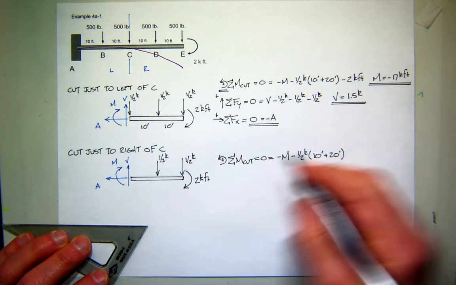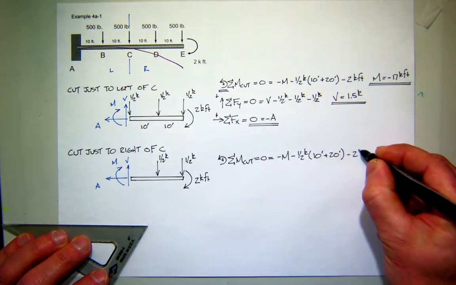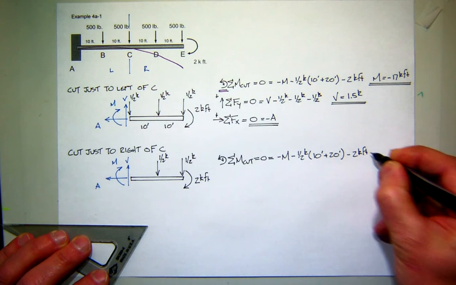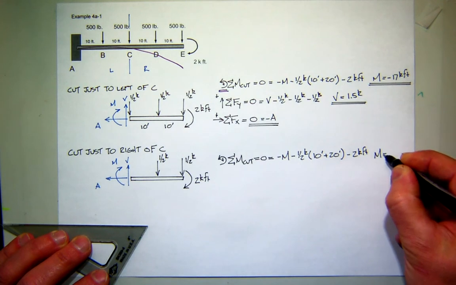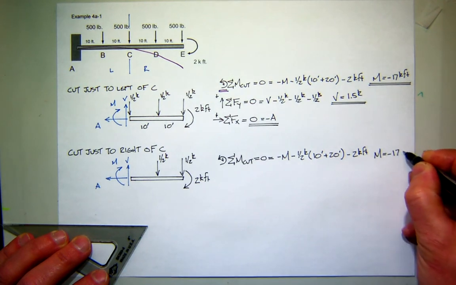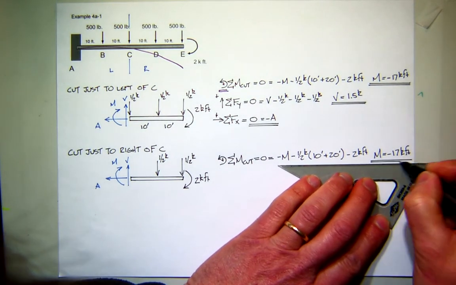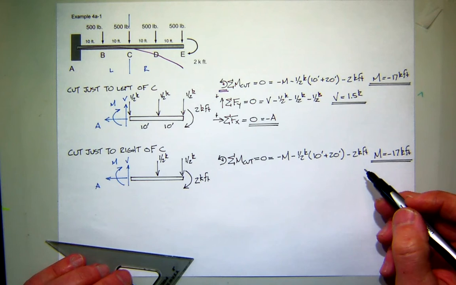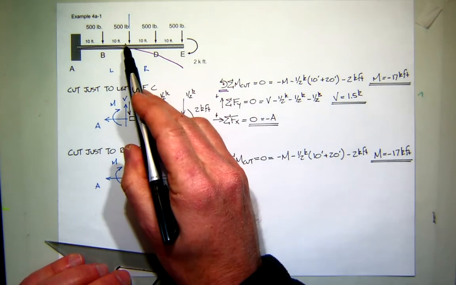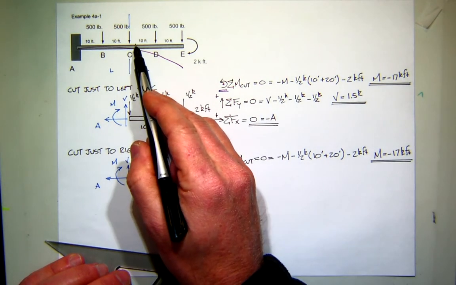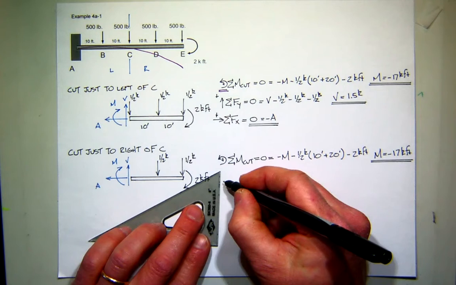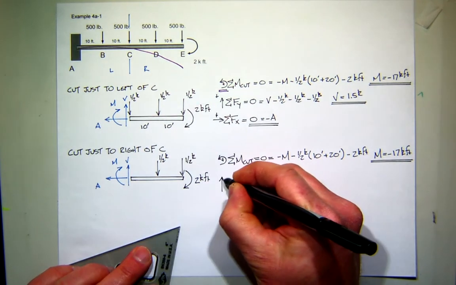And then I have the applied moment at the end, which is minus 2 kip feet. So what's my moment? It's the same. So the moment didn't seem to change much as I went from one side of this force to the other side. What about the shear?